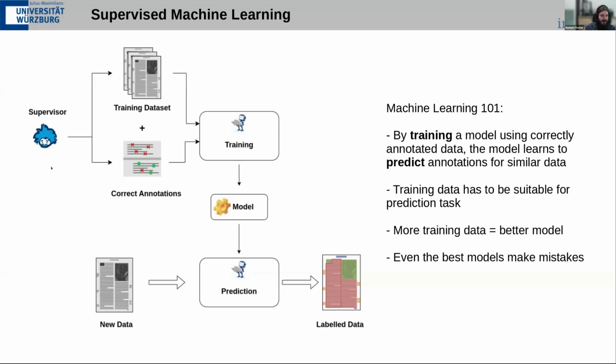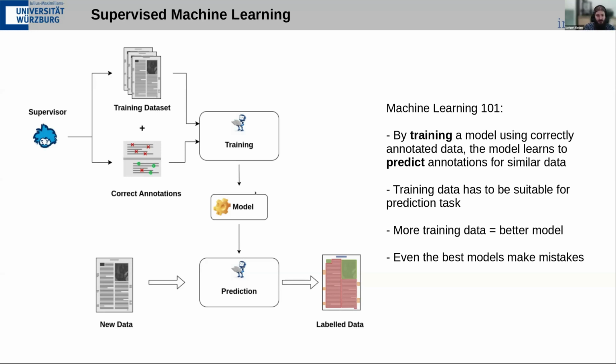For the task of the OCR, this might not be complete page images, but individual text lines, and the annotations for the OCR task would then be the correct transcriptions for these lines. Such a data set is then fed into a machine learning algorithm for training.